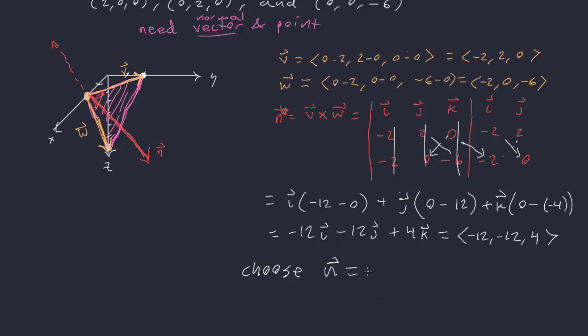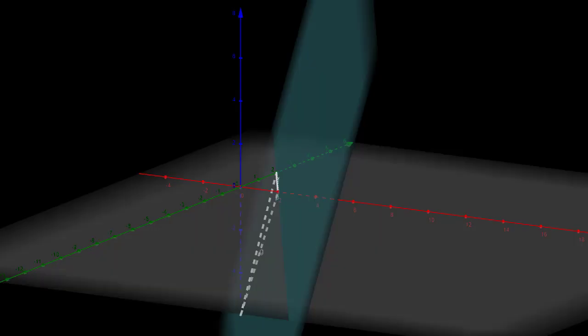I'm going to multiply by -1/4. And you might wonder why in the world I would do that. Well, that's because that's going to change this to be 3, 3, -1, which will be a much nicer vector to work with than this one.